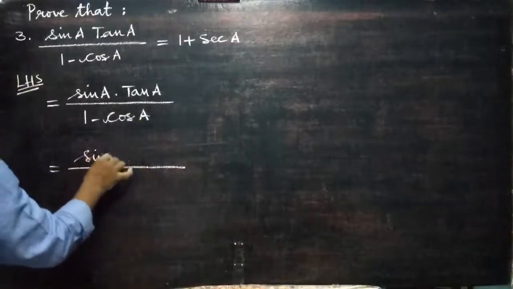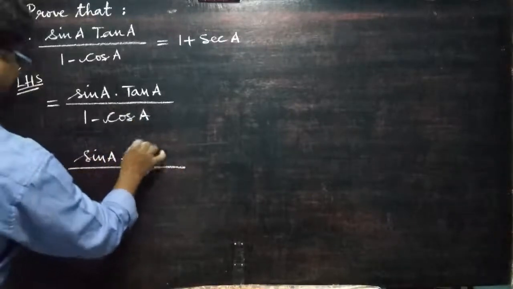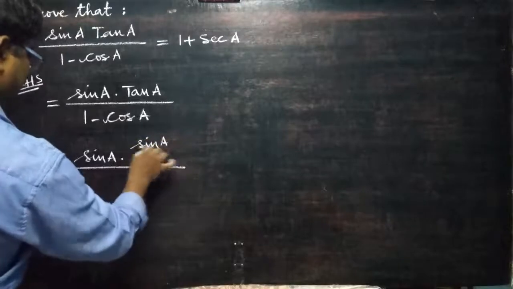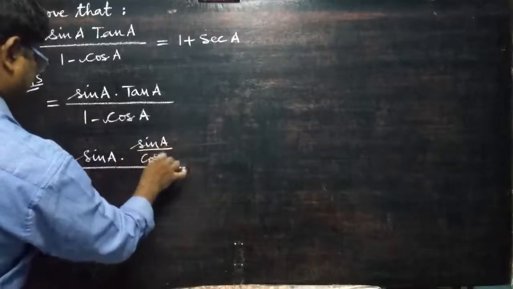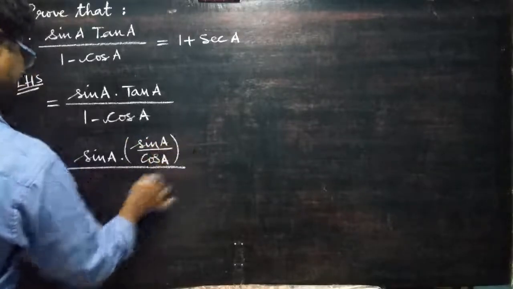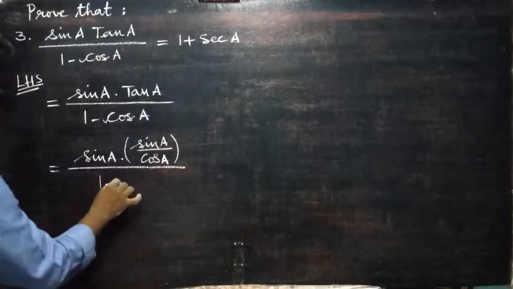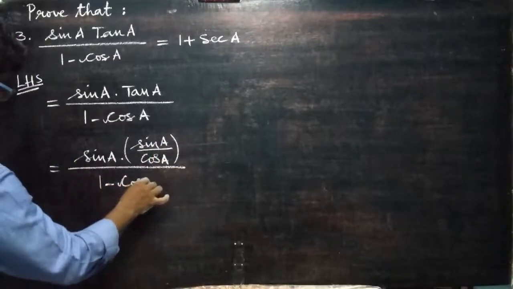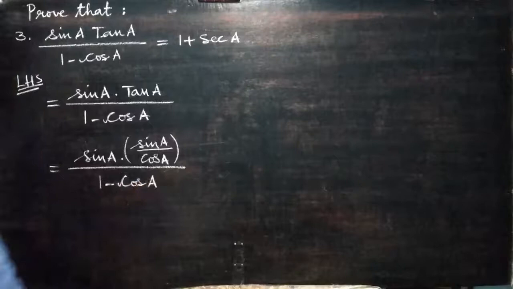Sin A as it is. Tan we can write as sin A by cos A. If you want, keep a bracket. Denominator, don't change. There is nothing to change. 1 minus cos A only.